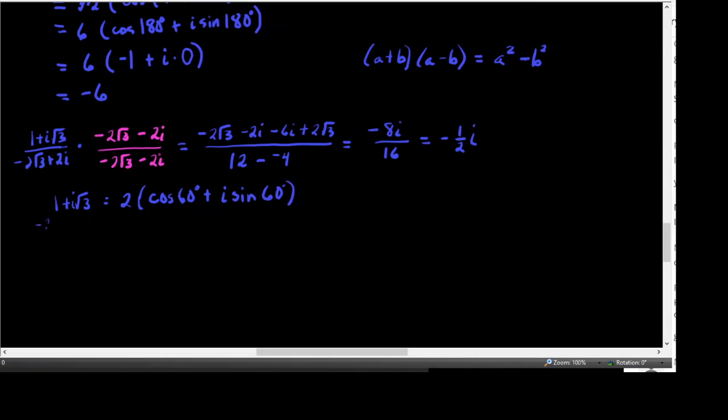And -2 square roots of 3 plus 2i in polar form is 4 cosine of 150 degrees plus i sine of 150 degrees.